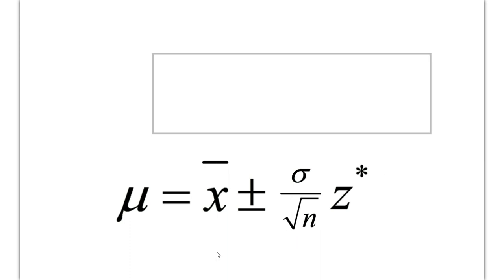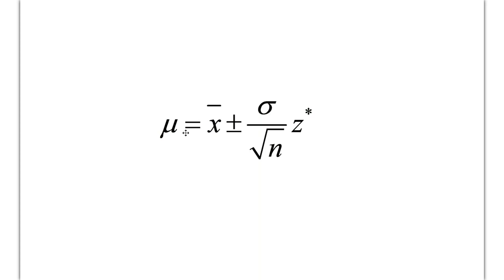Cleaned up, it looks like this: mu equals x bar, our estimate of the mean, plus or minus sigma divided by the square root of n, times z-star.